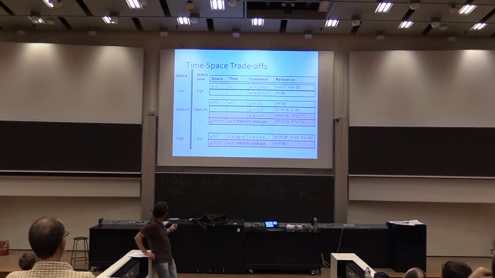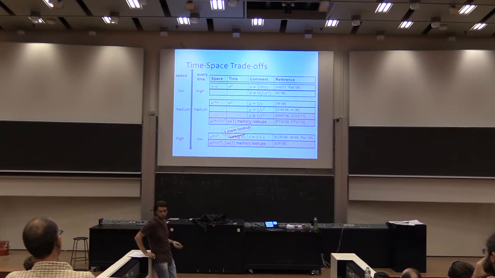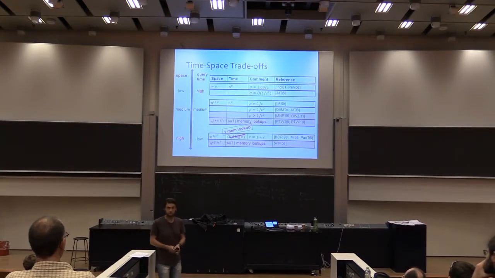It says that if you want space much less than n to the power constant divided by epsilon squared, then you need a super constant number of memory lookups, or cell-probes. And I should say that these results rely on one memory lookup into the data structure, even if the time is d log n. So at least for a constant number of memory lookups, these types of algorithms are optimal. At least this much we know.